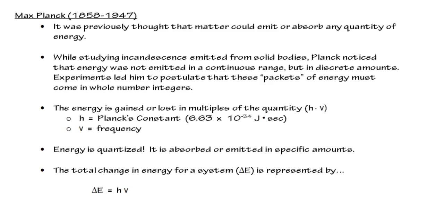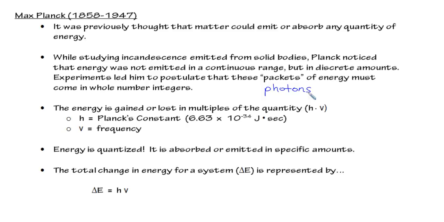These experiments led him to postulate that these packets, or photons, of energy contain different whole number multiples of energy, but they all seem to be consistent around a particular value. So again, it's not that these photons can just have any amount of energy.